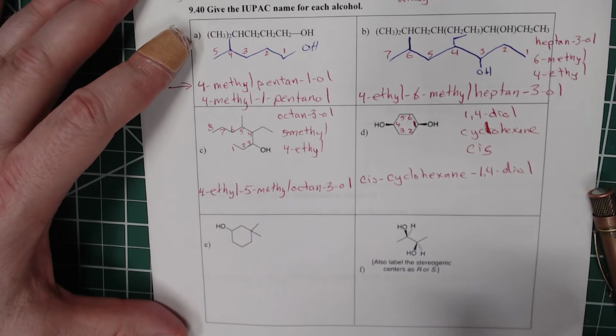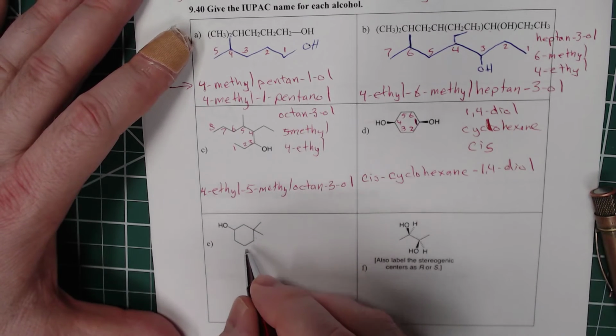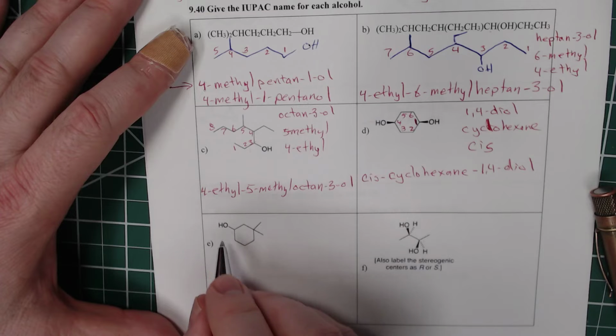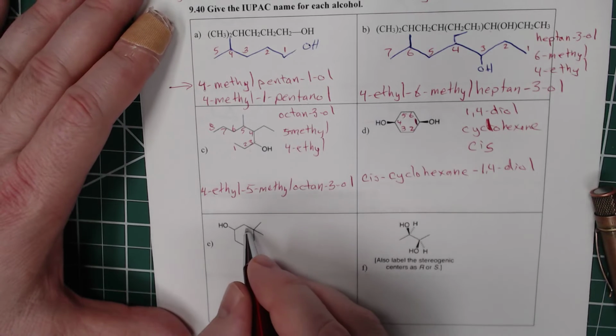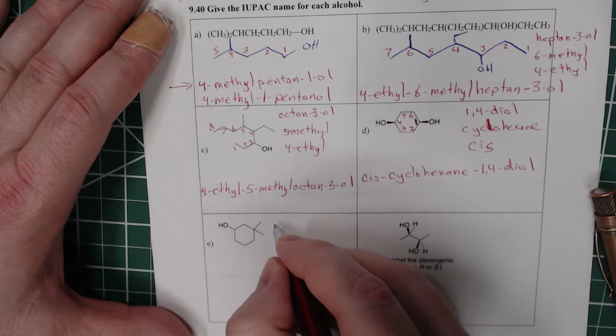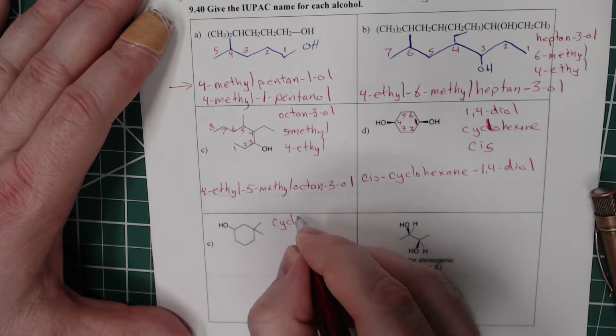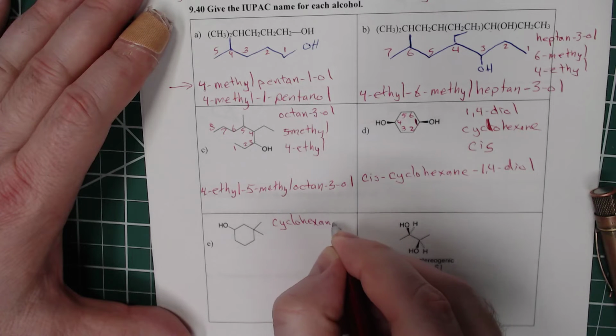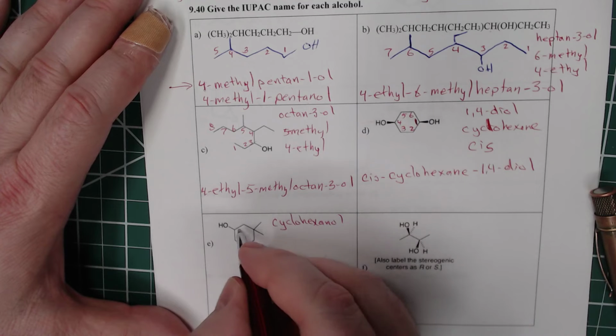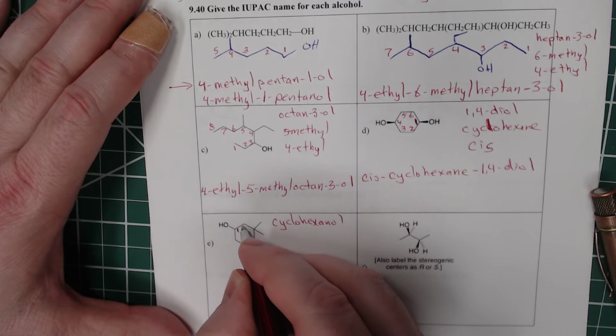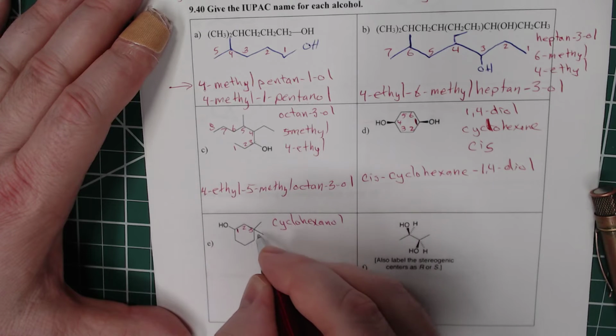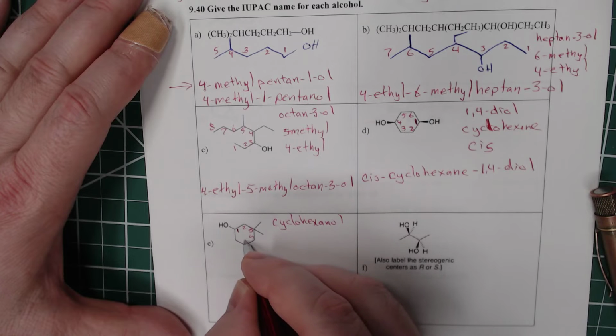All right. Next, here we've got just one OH. So this is an alcohol. We have cyclohexanol. And the number, we'll do 1, 2, 3. That will give our methyls the lowest possible position as the 3 there.